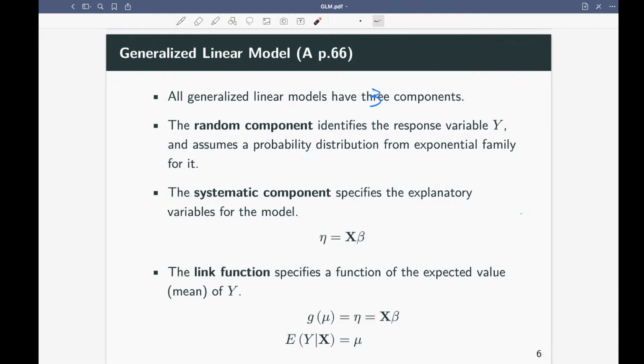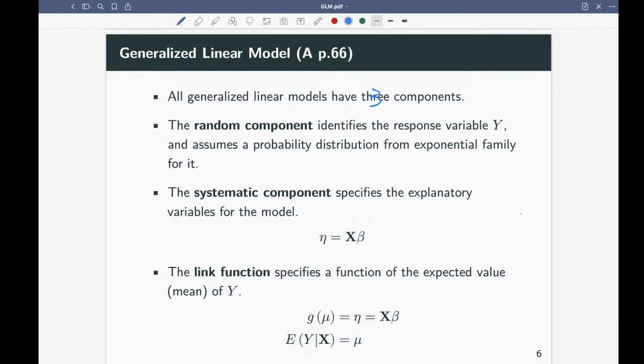The purpose of the random component is specifying the probability distribution. Next, the systematic component is like the regressors, the explanatory variables in our model, like this, x beta.